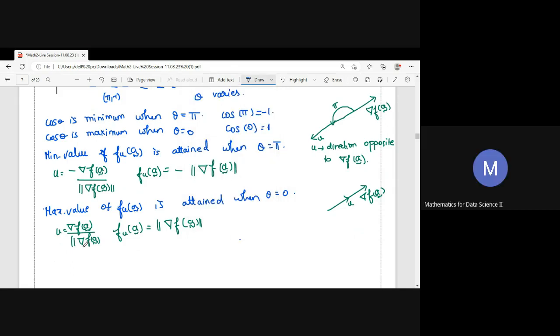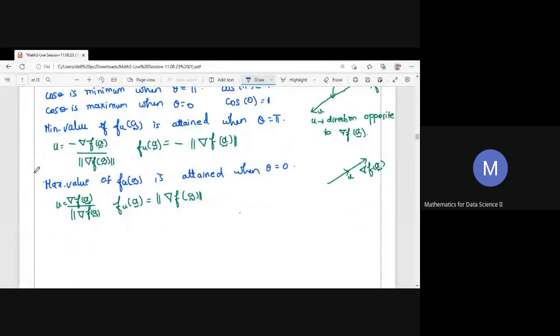Now, when does it remain unchanged? When do you have slope 0, or when is the cos theta value 0? It remains unchanged when theta is 90 degrees, when f_u of a tilde is equal to 0.